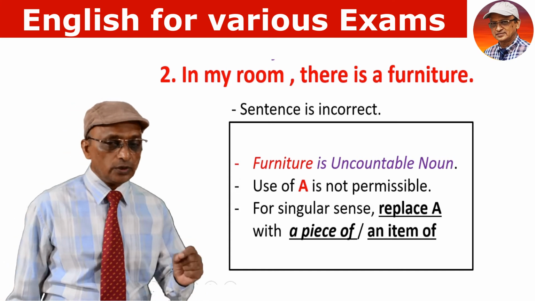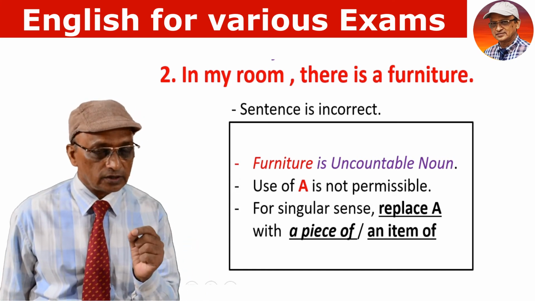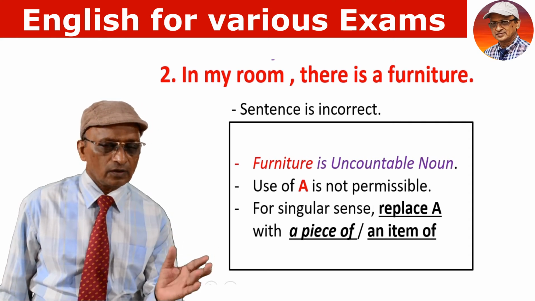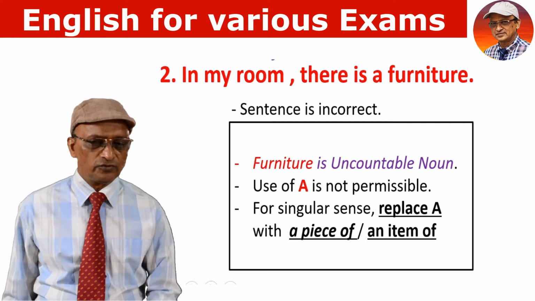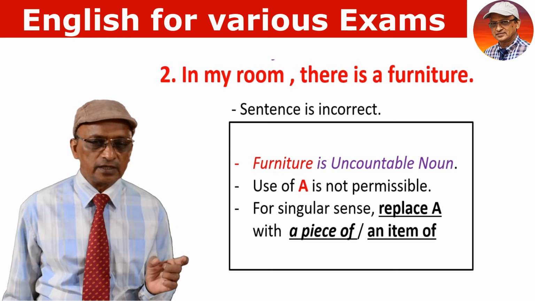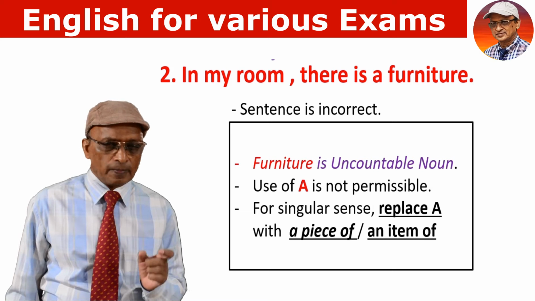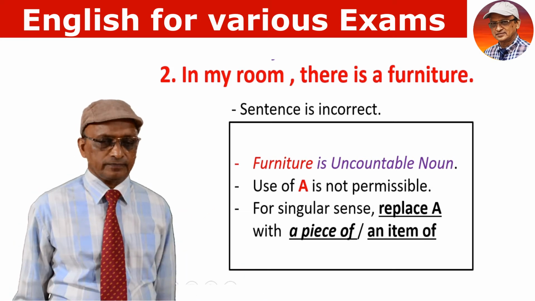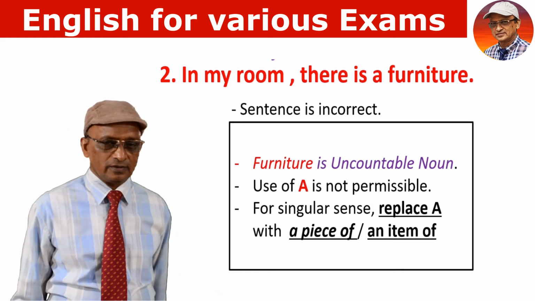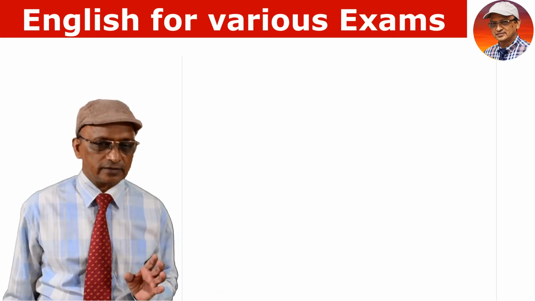If at all we want to attach one singular idea or singular sense to furniture, then we have to replace this A with the expression like a piece of or an item of. What should be the correct sentence then? In my room there is a piece of furniture, or in my room there is an item of furniture. This will make the sentence correct.